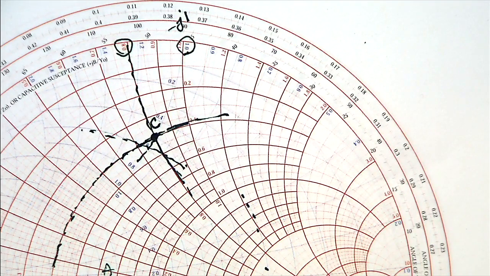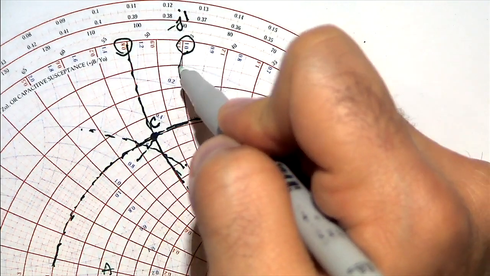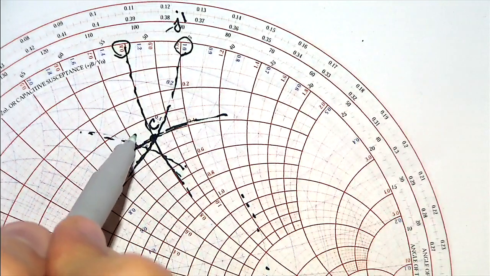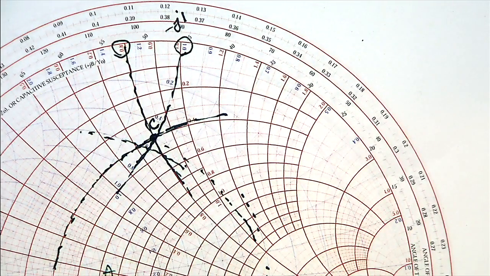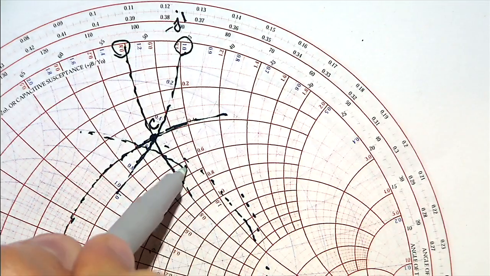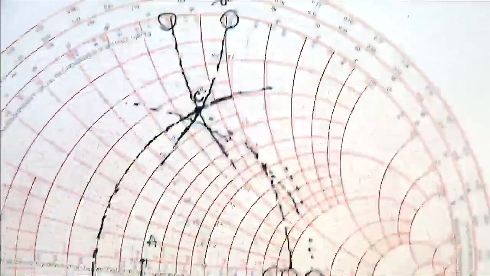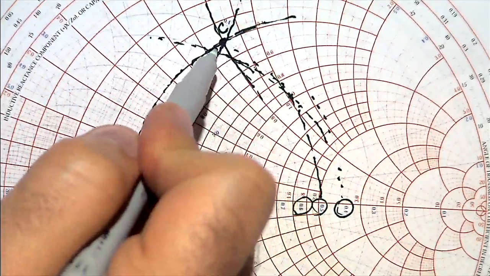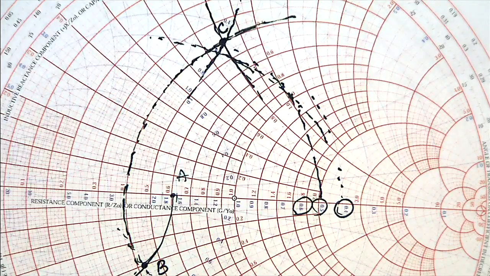YC, you should read YC. So YC is the intersection of this line and this line. This is 0.5, I think, and 1.